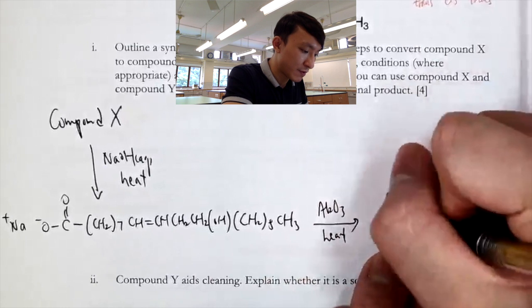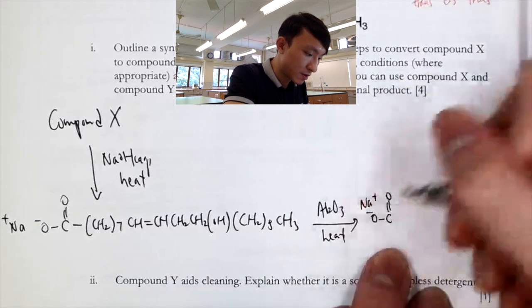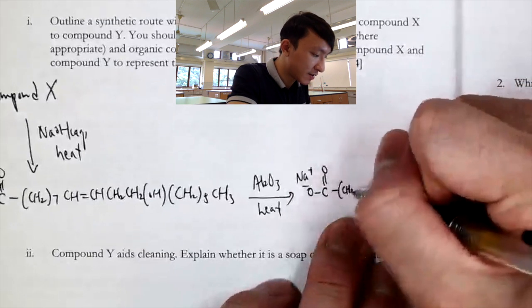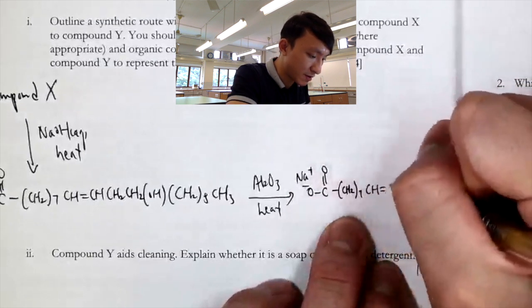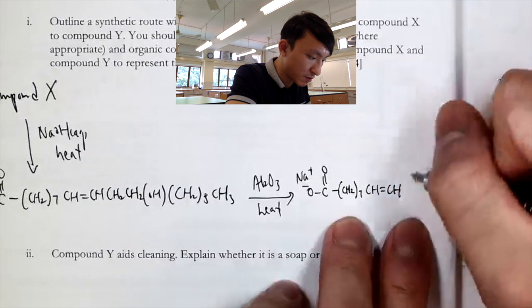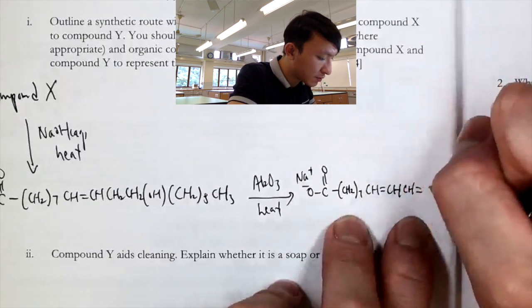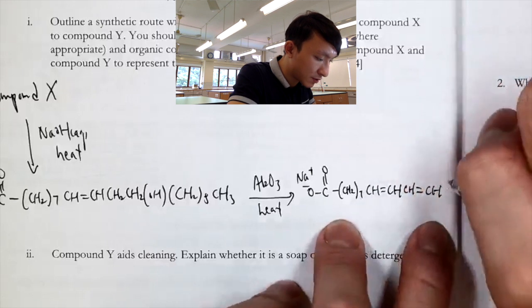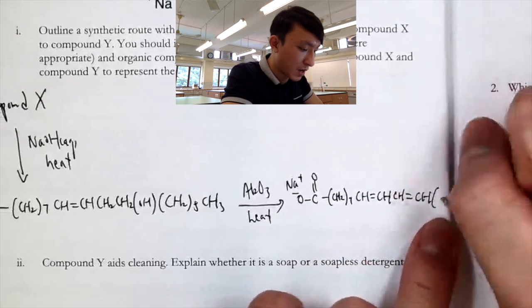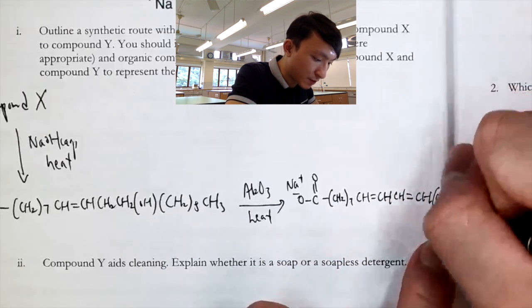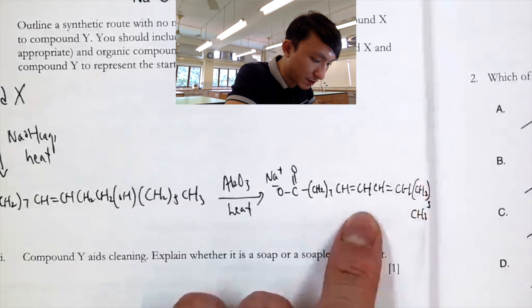So you can have, and then the whole thing copied again, and then we have a CH, and then, well, I do not have enough space, H2, 5, CH3.